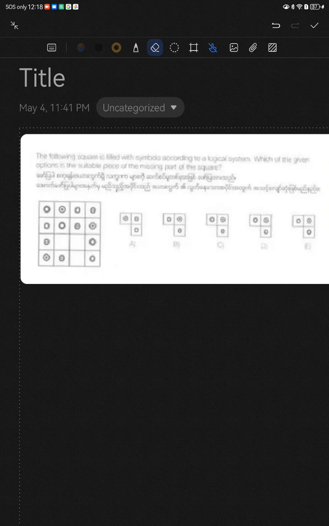The trick here, my hint for you, is that the symbols are placed like how you would place numbers in Sudoku.